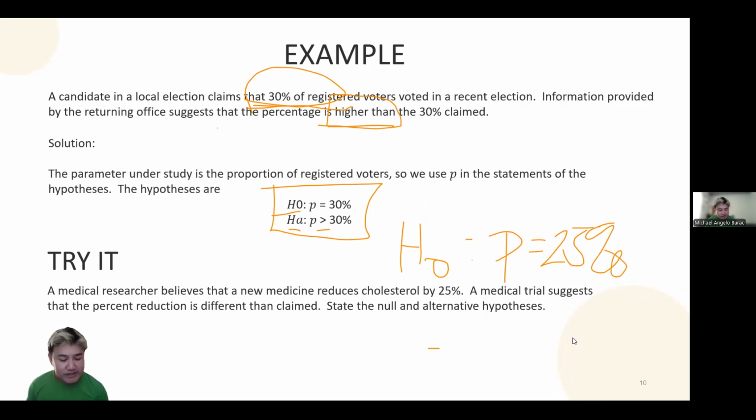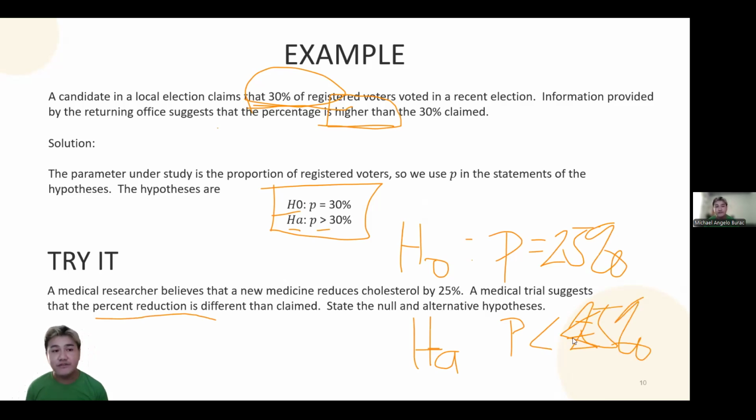Okay, so it says here that the percent reduction is different than claimed. When you say percent reduction, it means mas mababa. So say P is now less than, our alternative hypothesis is P, not less than, I should say, 25%. Okay? 25%. So that's how we represent the null and alternative hypothesis.